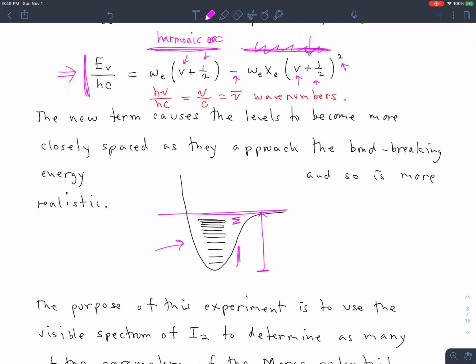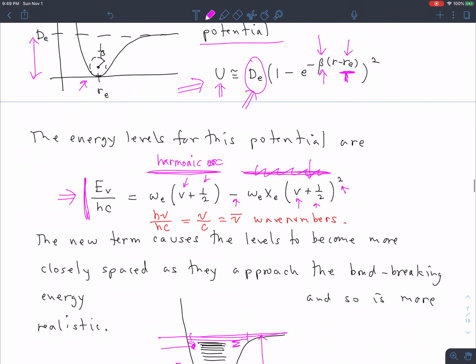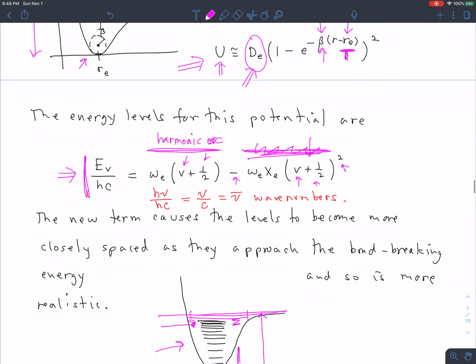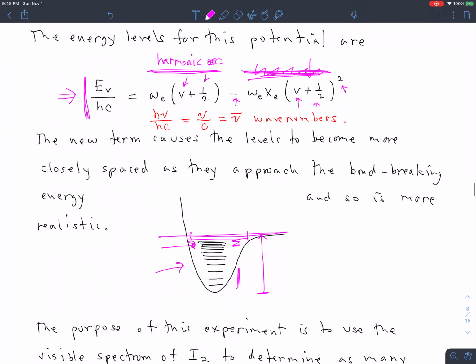When you start to put enough vibrational energy in so that you're up here at high vibrational states, then the box gets bigger up here. The vibrational levels start to get closer and closer, and so the spacings don't stay equal, and that's accounted for by this term. We're going to see that kind of effect in the data.